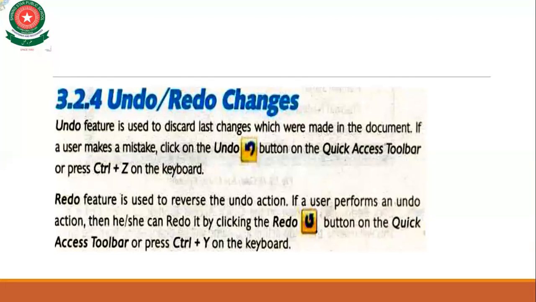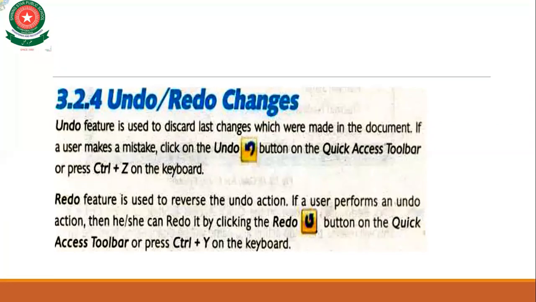For example, if you wrote something and you think that this word should not be there and you want to remove it, then you press the undo button or press Control plus Z on the keyboard, so you can undo the word.